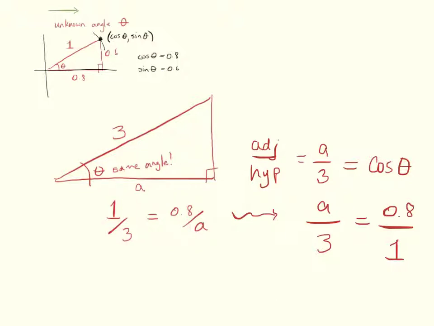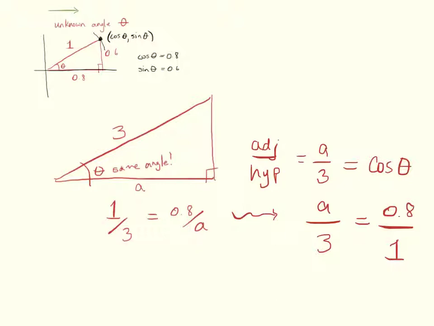So in other words, I could start with cosine theta being the x-coordinate on the unit circle, envision a different sized triangle, and deduce that cosine theta happens to be adjacent over hypotenuse. The magic happens because the hypotenuse of the unit circle is always 1.